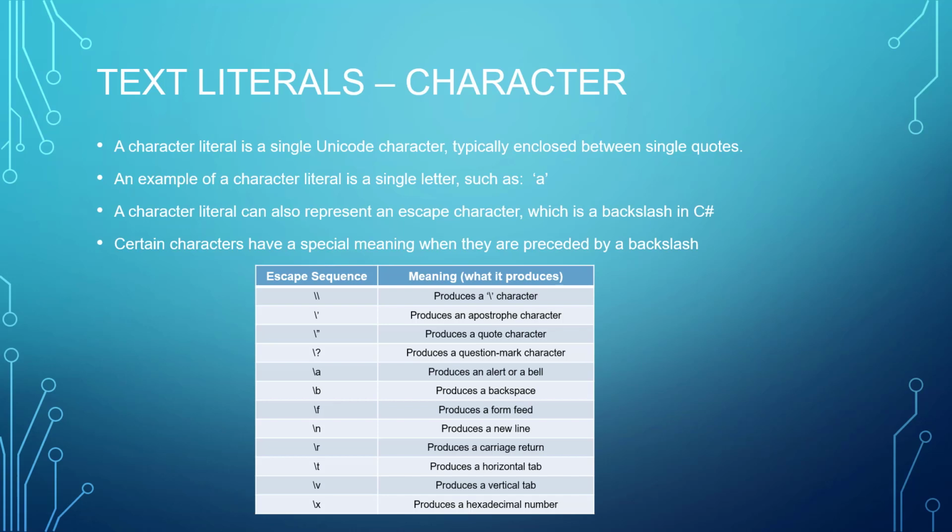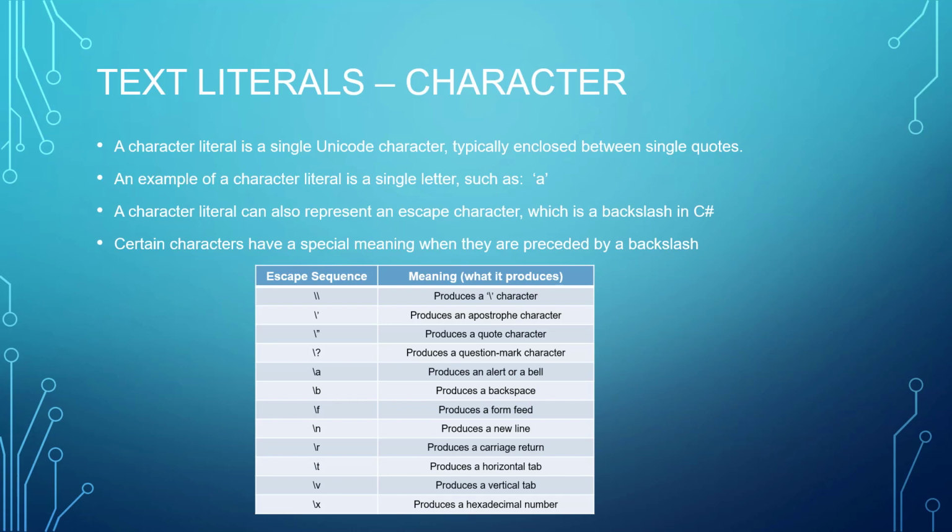Also, what if you wanted to print an actual quotation mark? If you wanted a quotation mark to show up in your string, but not be considered to denote the beginning or end of the string, you could use an escape sequence. Here we use backslash quotation mark, and it would produce a quote character. Backslash question mark produces a question mark character.